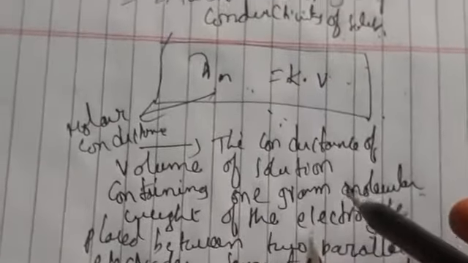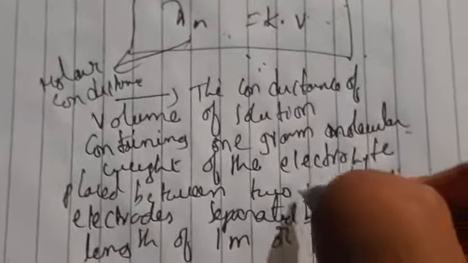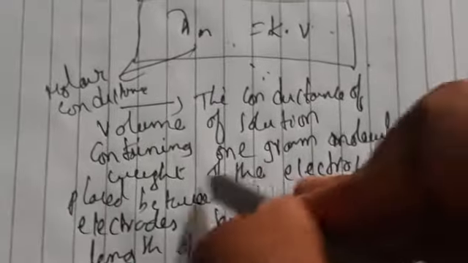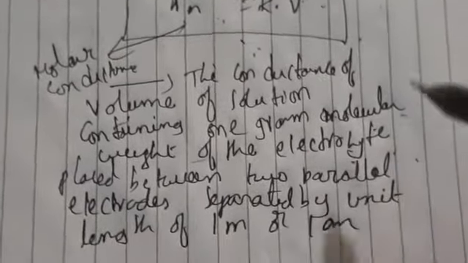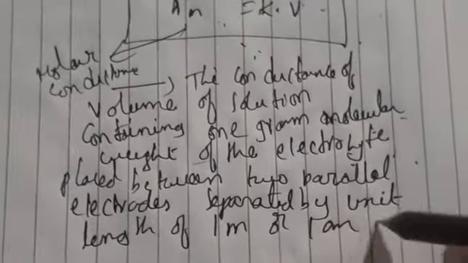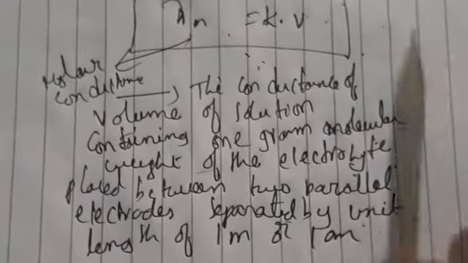So only 1 gram molecular weight of the electrolyte is producing different types of ions, between two parallel electrodes separated by unit length.